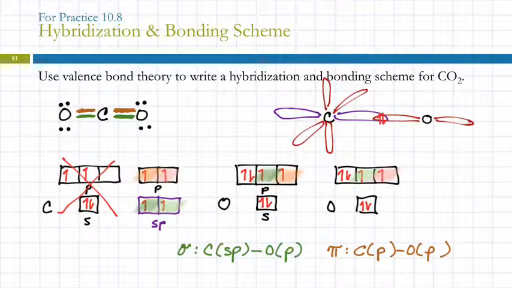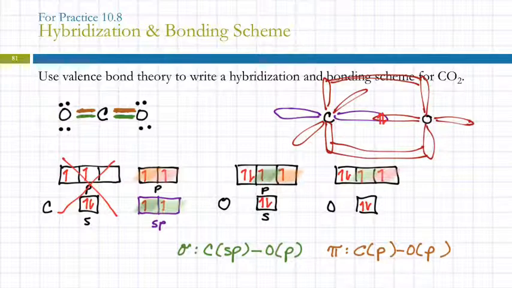And then the oxygen also has another half-filled orbital. And this can overlap side to side with carbon's orbital, and that's the pi bond. Are you okay with that?